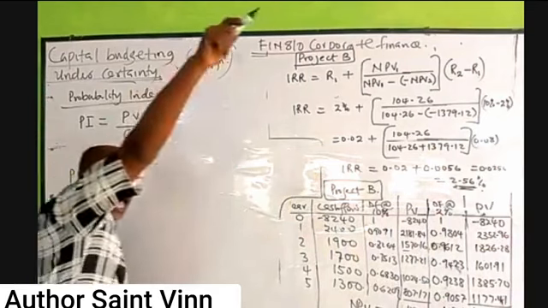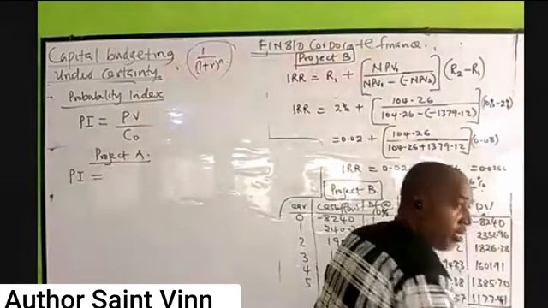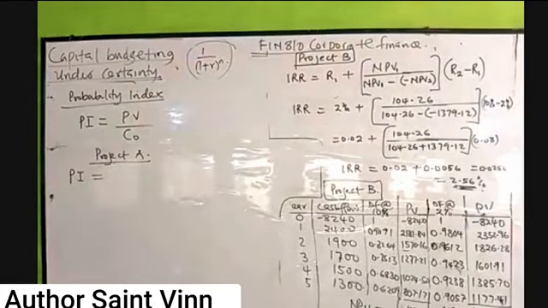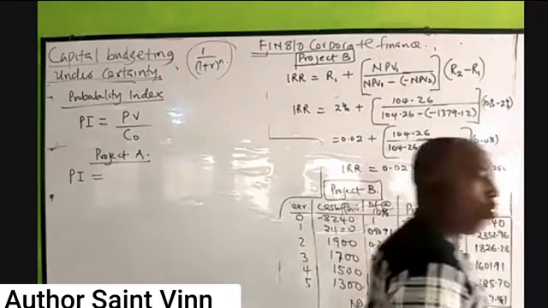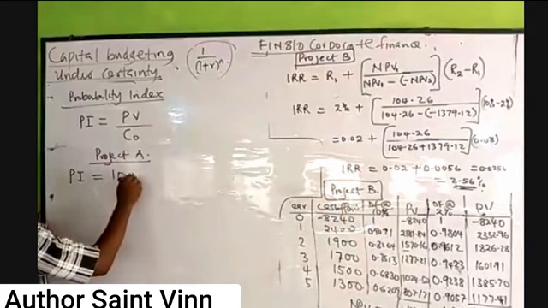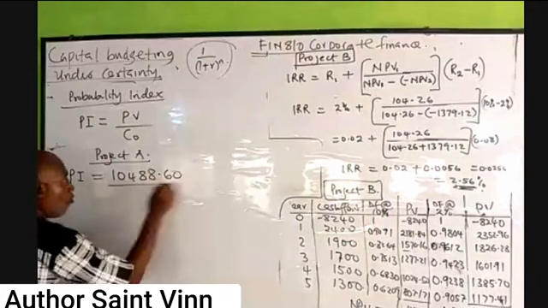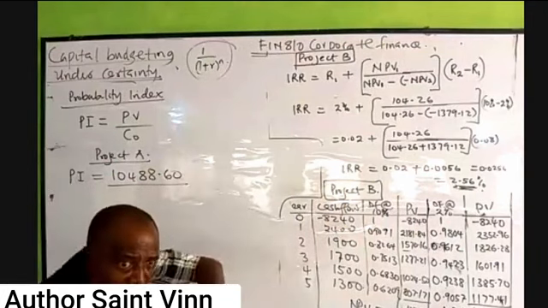We are not using the NPV tool, that first one we did that gave us the positive 1,4-something. For the second project, it has a negative, but that's not a problem. So for the first one, the present value over the cost of 9,000.